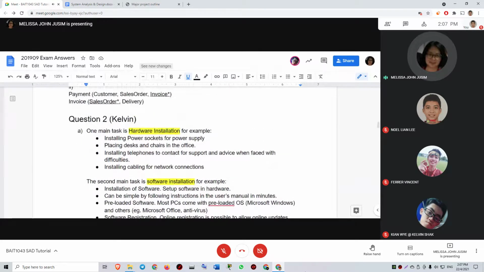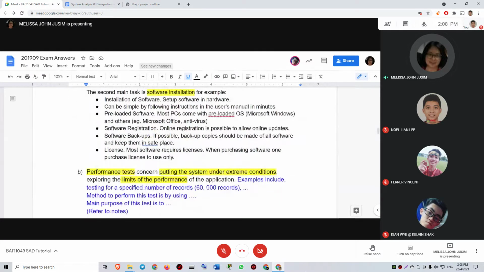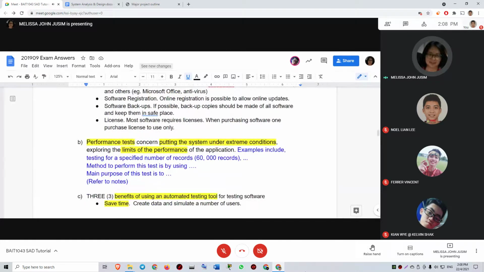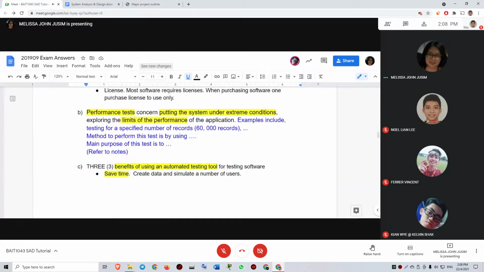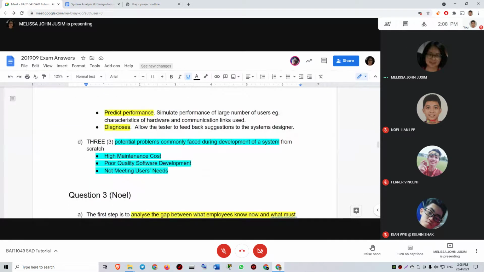And then this one, the answers by Kelvin, already checked. Okay, performance test. I added my comments here. And then I mentioned D, no need to answer. But when I checked, in fact, it's referring to the final slides in our chapter: what are the common problems faced during system development.